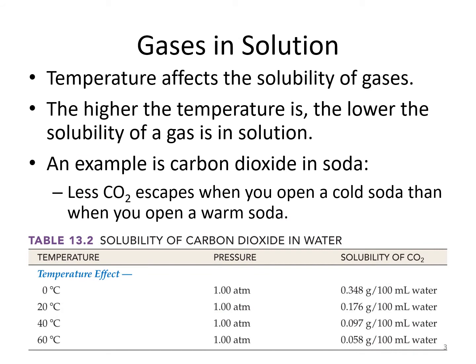So focusing on the liquid types of solutions, the first one we're going to talk about is gases dissolved in solution and what impacts their solubility. So let's talk a little bit about this word, solubility. What does solubility mean to you? Think back to chapter 7, the solubility rules that you learned with the double replacement reactions. If things were soluble, what did that mean?